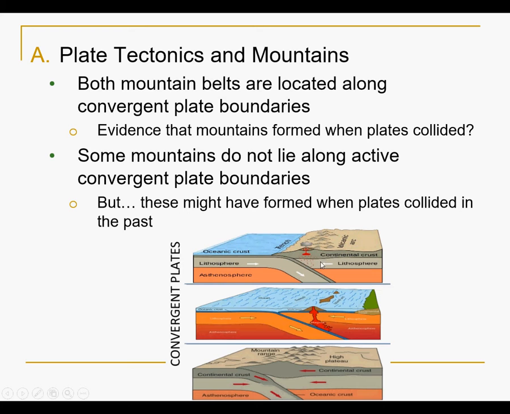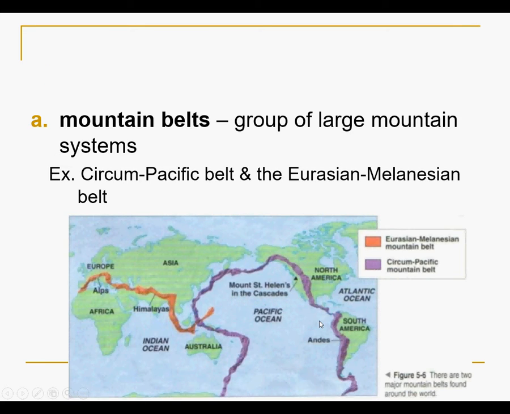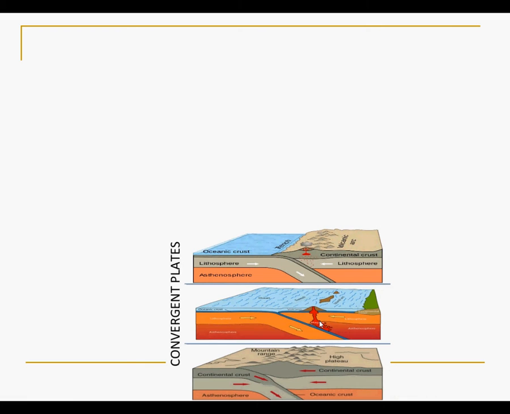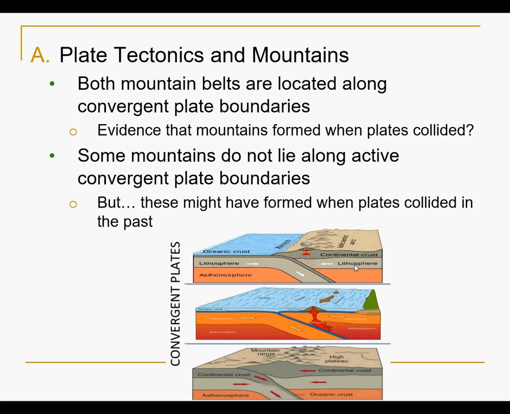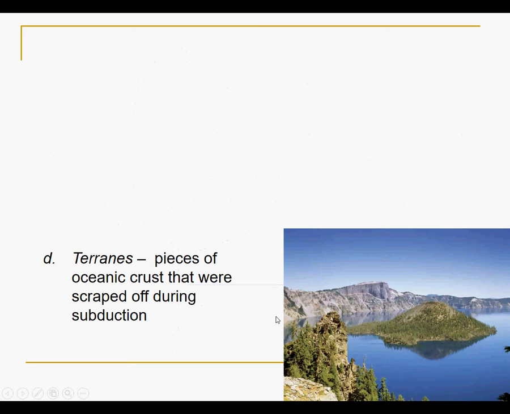And what we see in these areas is a lot of volcanic activity. So when we think about the Circum-Pacific belt, essentially we see that subduction causing the development of volcanic systems, and it's pretty easy to see.